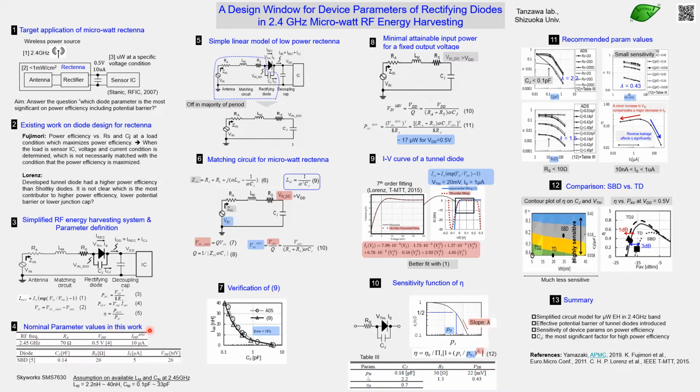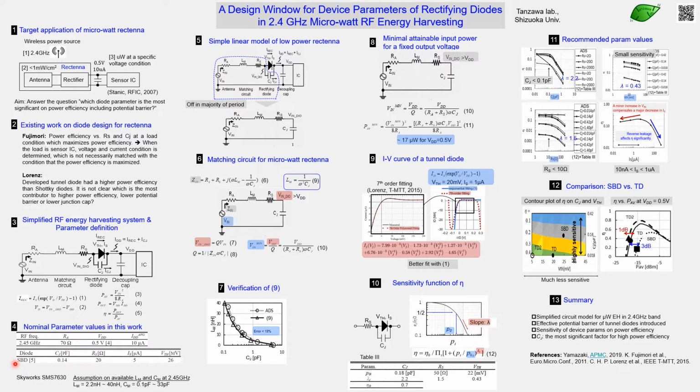And in this work, nominal parameter values are used as follows when not specified. Of course, in the following graphs, the x-axis shows the variable, and the other parameters are fixed at these values.